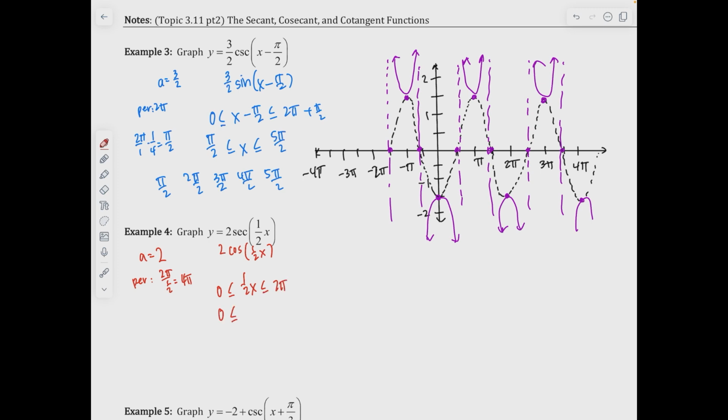So when I multiply by 2, I know that my graph is going to go 0 to 4 pi because of the horizontal dilation. So that means I can go right to 4 pi and I can go left to negative 4 pi. Okay, and then I will go as high as 2 and as low as negative 2.